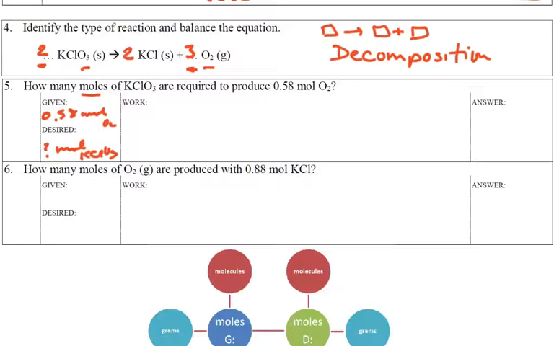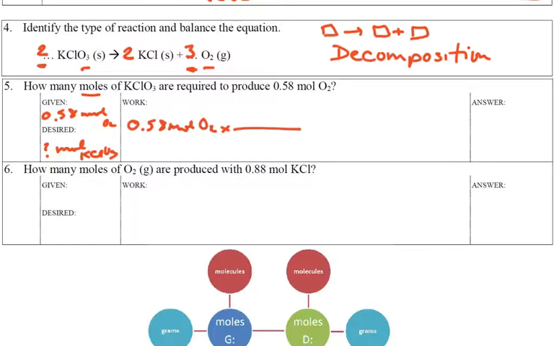So now I put in my answer. I have 0.58, and my units are important, so moles of O2. Now that I'm at moles, I'm going to do my mole-to-mole conversion.